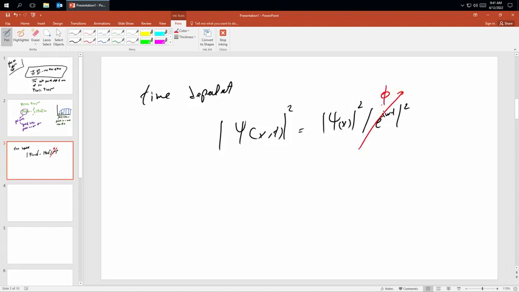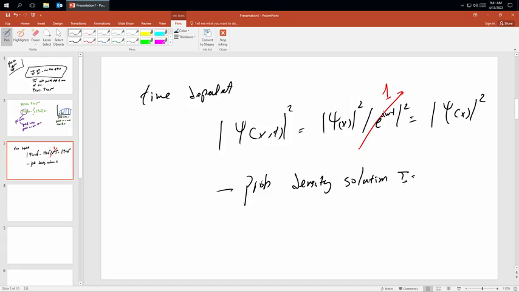To 0. Sorry, not 0. To 1. Right? It's going to be e to 0. So this is going to equal psi of x squared. That means your probability density solution is independent of time.